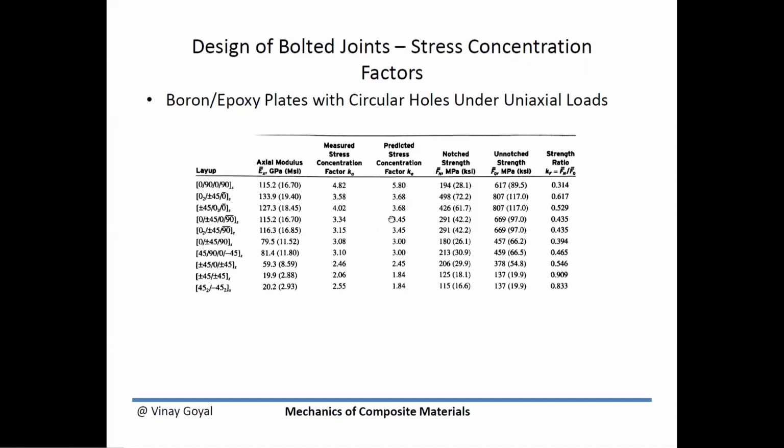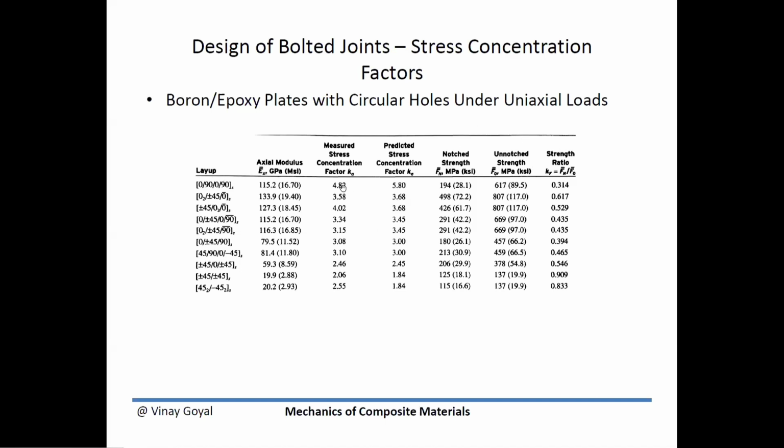Another thing I want to point out is that when I compare the notch strength versus a pristine configuration, you get a strength ratio of this much. This shows you that you get a significant amount of strength reduction, depending upon the layup that you may have for a plate under uniaxial loading. Here at the bottom, you have a lower stress concentration factor, but you also have a lower strength drop from notch strength to unnotched strength.